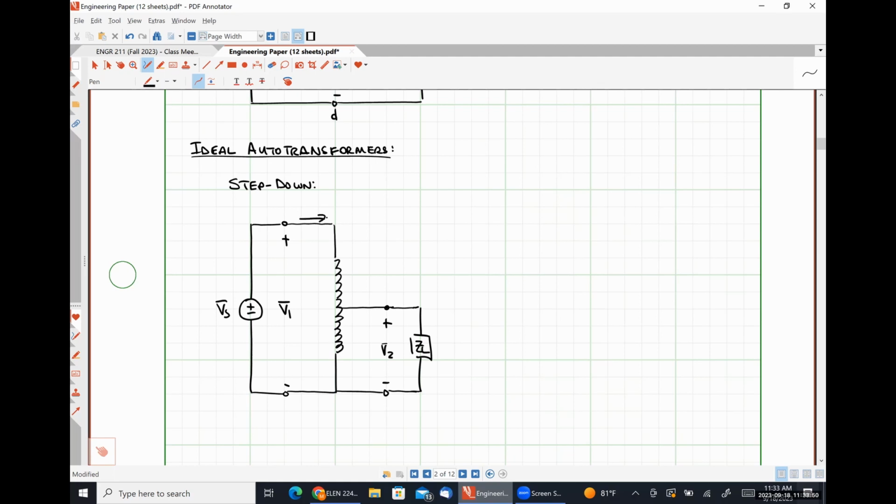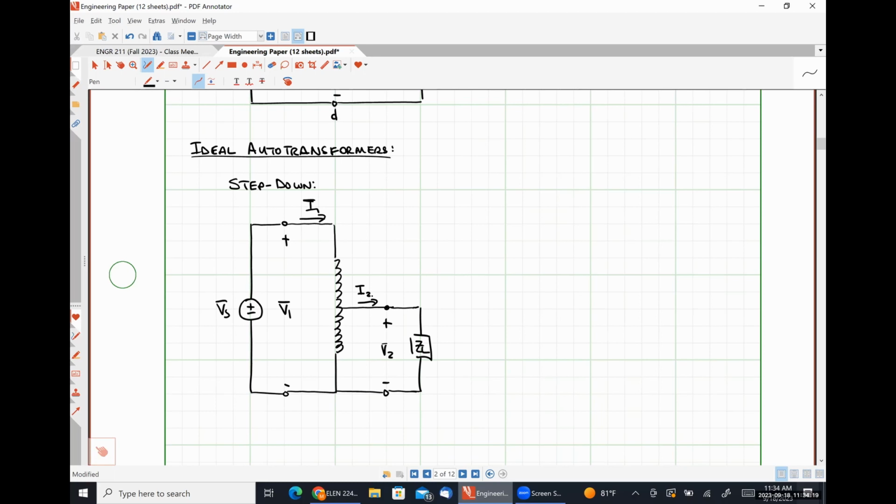I'm going to define my primary current I1 in this direction and my secondary current I2 in this direction. Because realistically we only have one coil, there's really not a reason to have dots or anything like that, because if our current is flowing down, all of our flux is going to be passing through the coil in one direction.